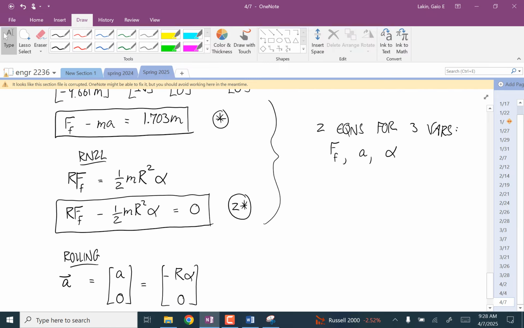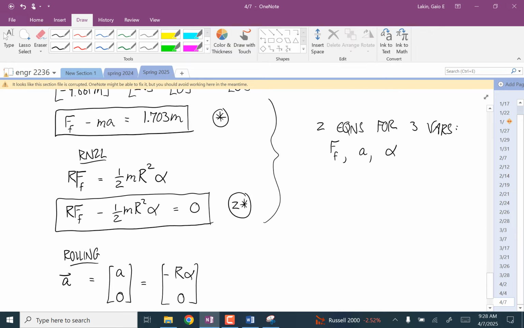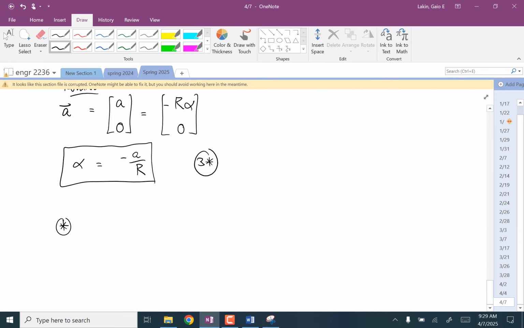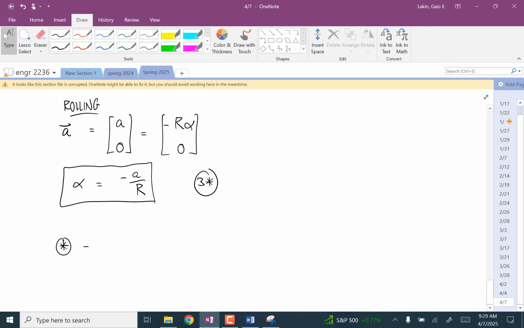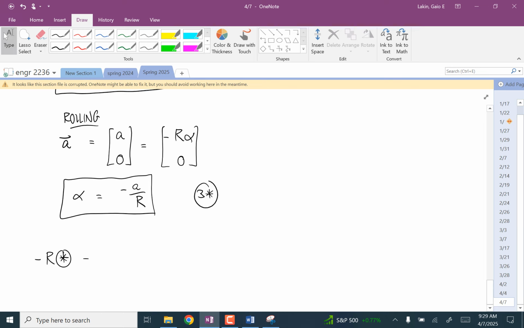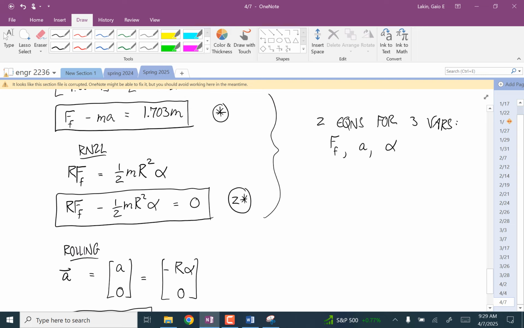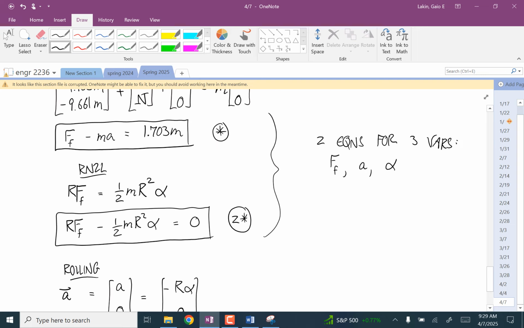If I go negative R times equation 1 star plus equation 2 star, we get an equation out of these. Then we have a negative RFF and a positive RFF, and those cancel.